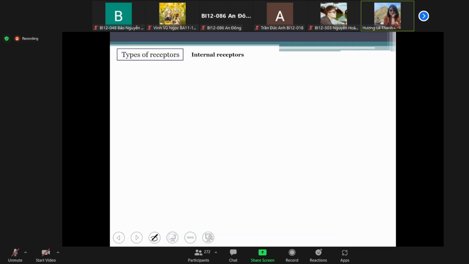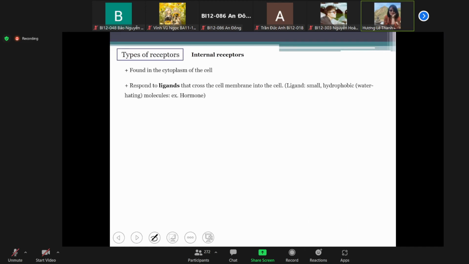Next, the types of receptors. Because we have two types of ligand, we have two types of receptor: internal and external. The internal receptor is found in the cytoplasm of the cells. They respond to ligands that cross the cell membrane.